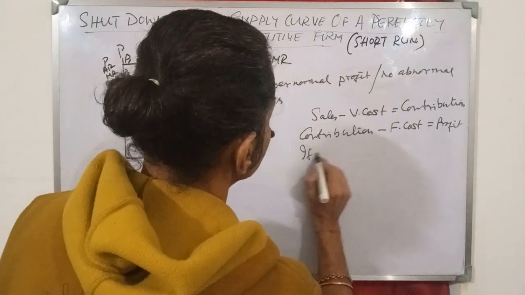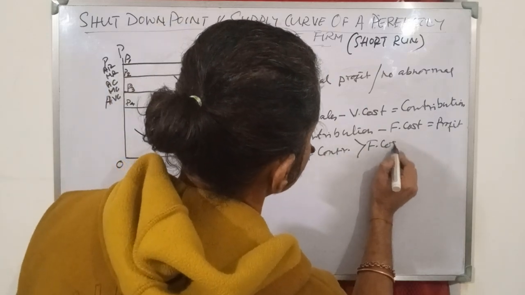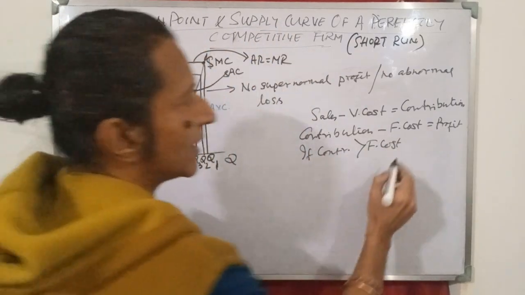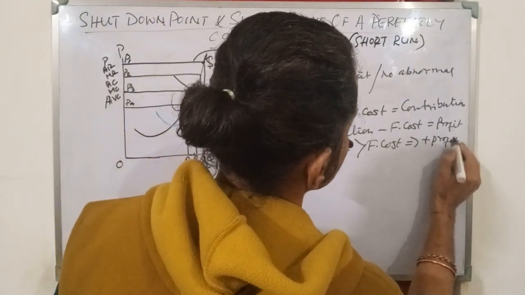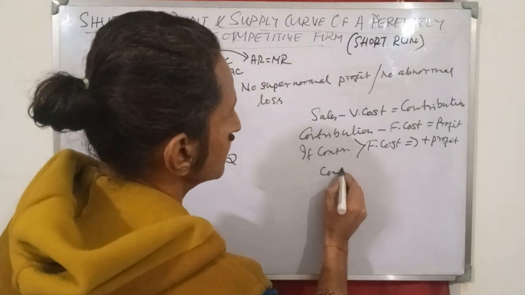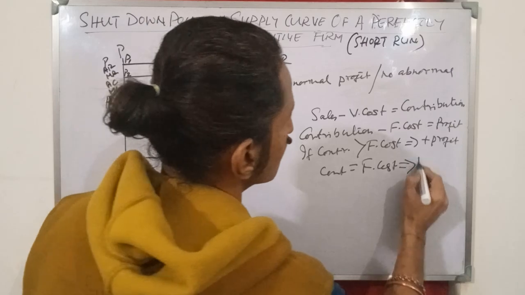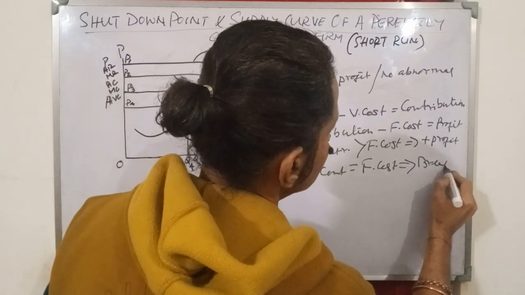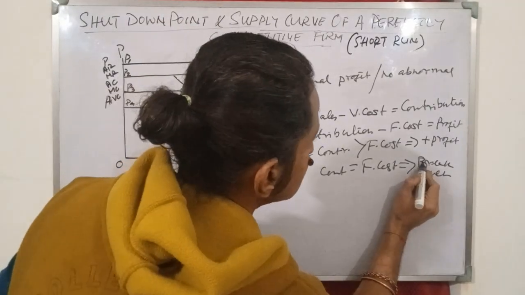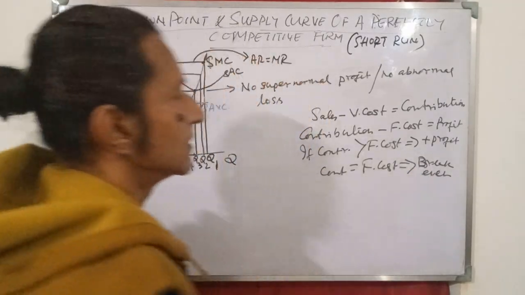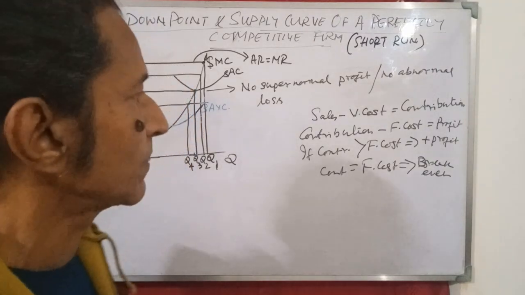Now, if contribution is more than fixed cost, then the firm is earning positive profit. When contribution is equal to fixed cost, this is called break even, that is the firm is only breaking even, not earning any profit, neither is the firm incurring any loss.